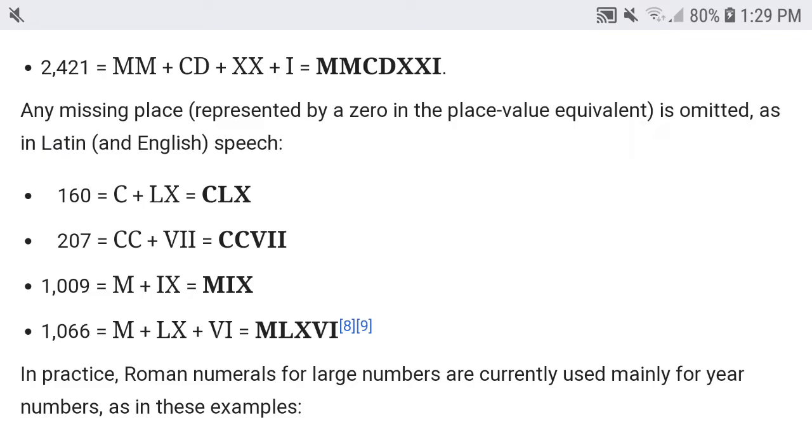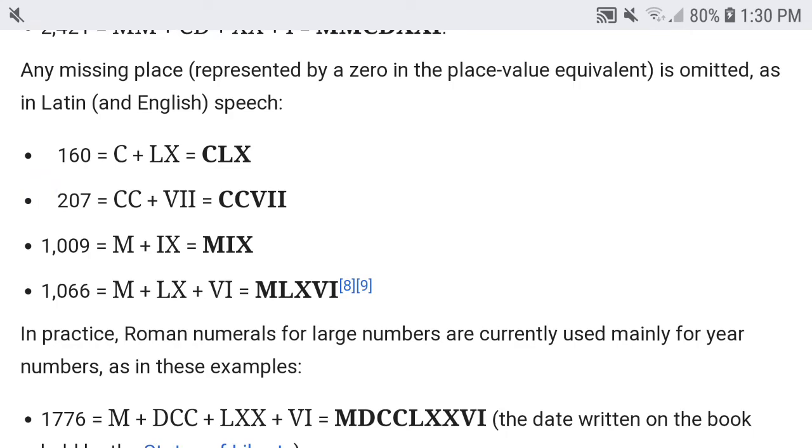Where 160 means C, 100, plus LX. L means 10. Oh no, L means 50 and then X means 10. So 160 is basically CLX. 207 is CC and then VII. 1009 is MIX, and then 1066 is M, LX for 60, and then VI for 6.